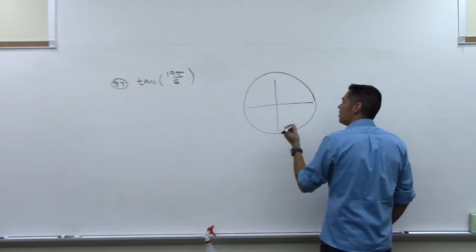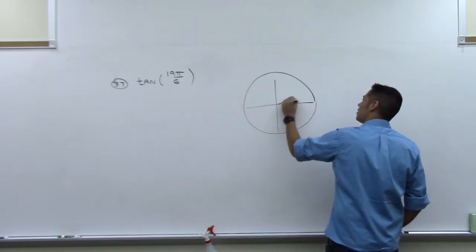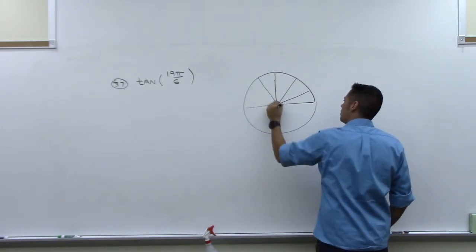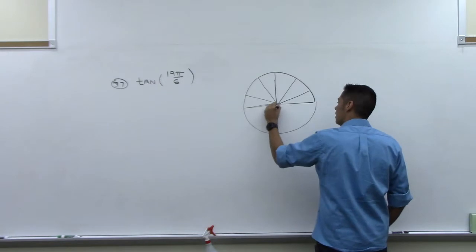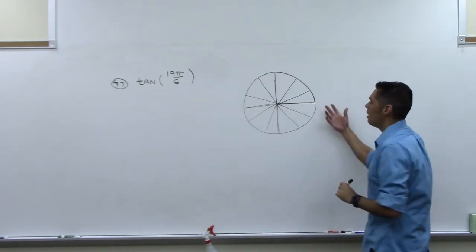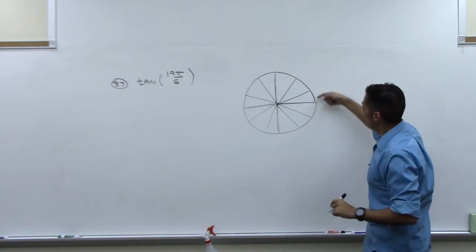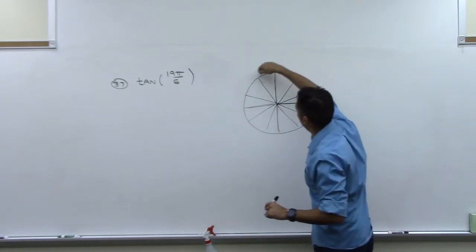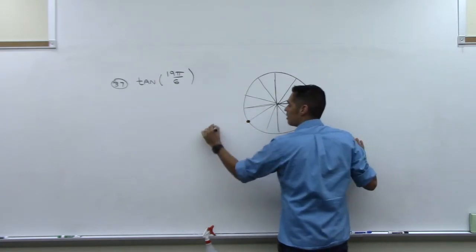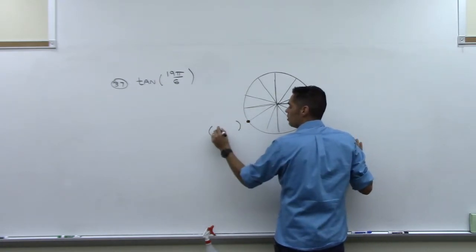Pi over 6 is here. It's 2 pi over 6, 3 pi over 6, 4, 5, 6, 7, 8, 9, 10, 11. We know 12 pi over 6 is 2 pi, right? So that's 12, 13, 14, 15, 16, 17, 18, 19. So I'm right here. That's a common angle. You should have that memorized.